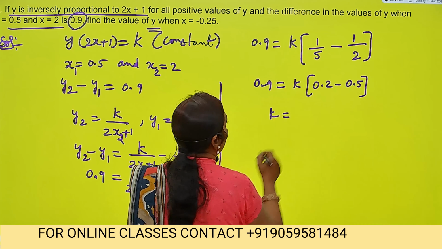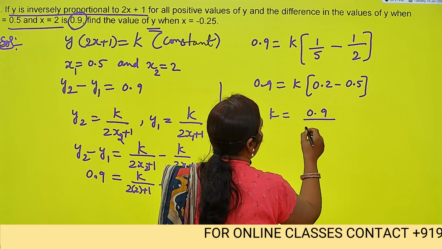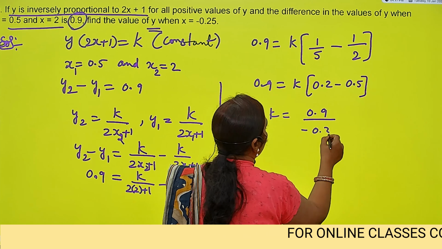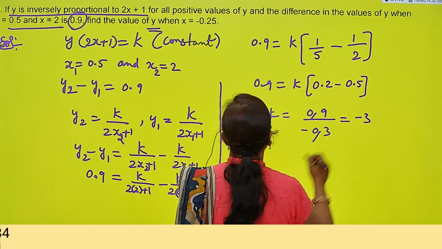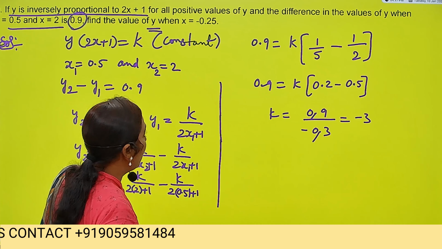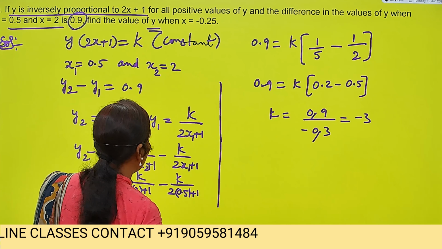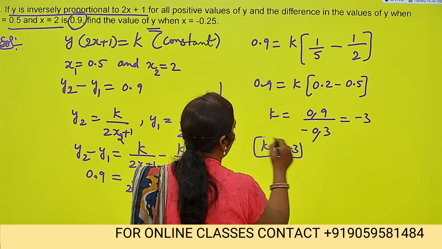So k equal to 0.9 over minus 0.3, the point cancels, it is equal to minus 3. Okay, for all positive values of y and the difference in the values of y, k equal to negative 3.